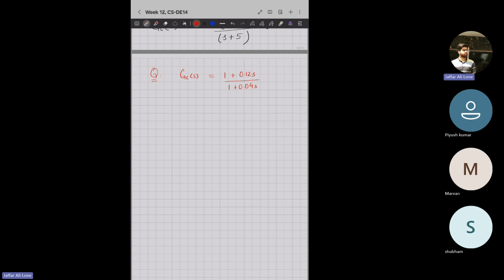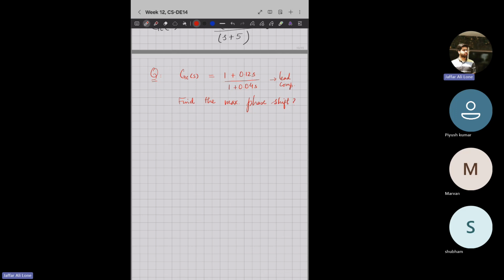It's a lead compensator. And we have to find the maximum phase shift which it can provide, that can be obtained from this compensator.